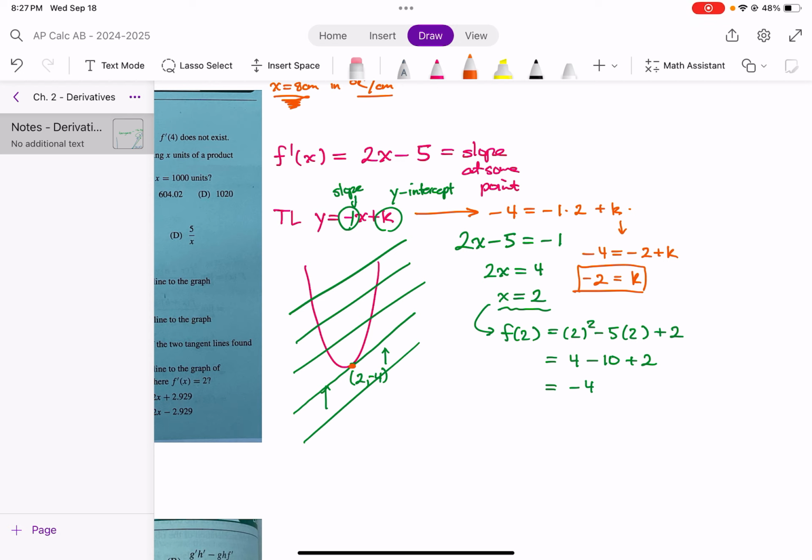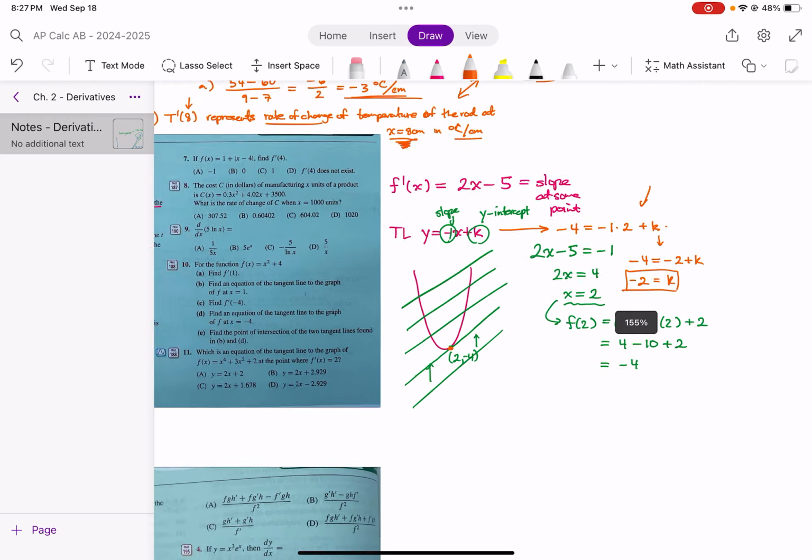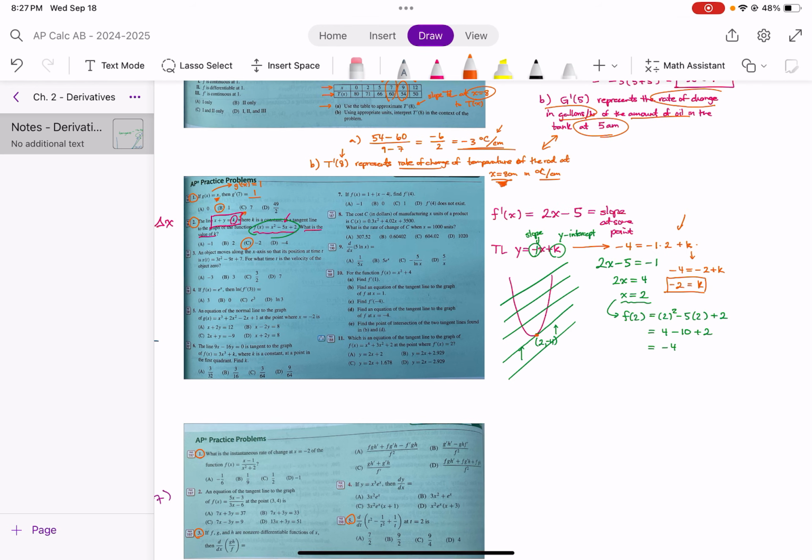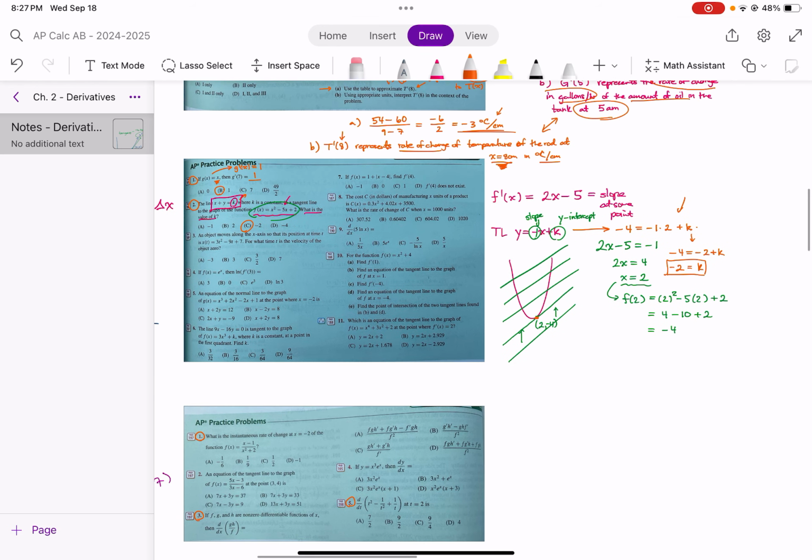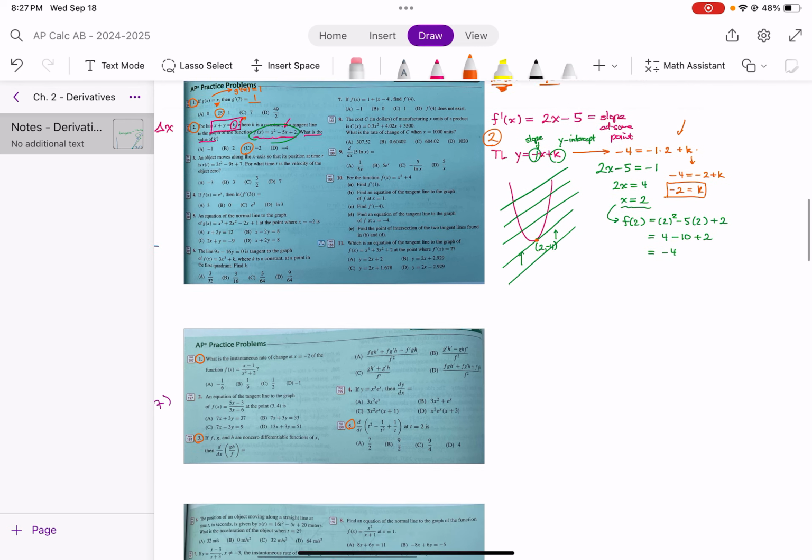But that would actually work here too. You just have to be very creative with it. This is probably the way they actually want you to do the problem though, just using derivatives, using tangent lines and how they connect with each other. They want to see you connect those ideas. Okay, so that was number 2. We did number 1 real quick on the page.